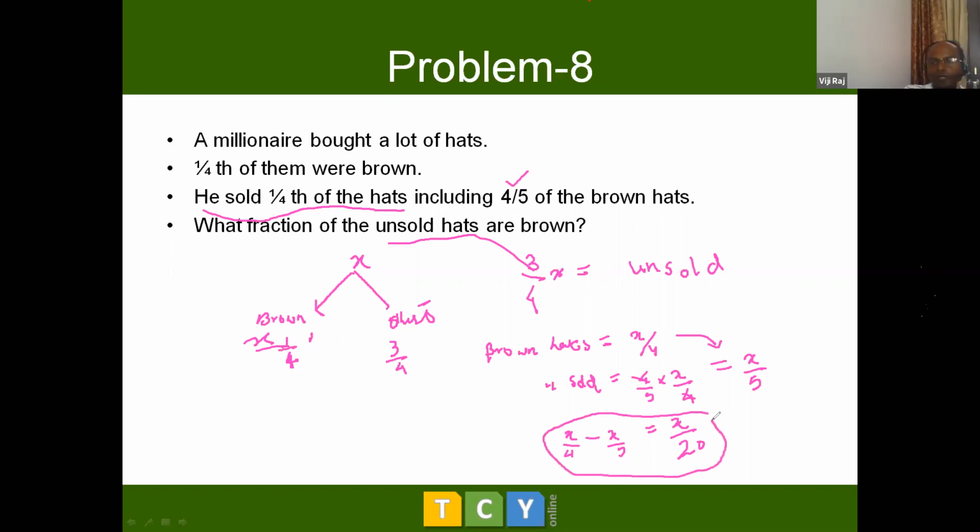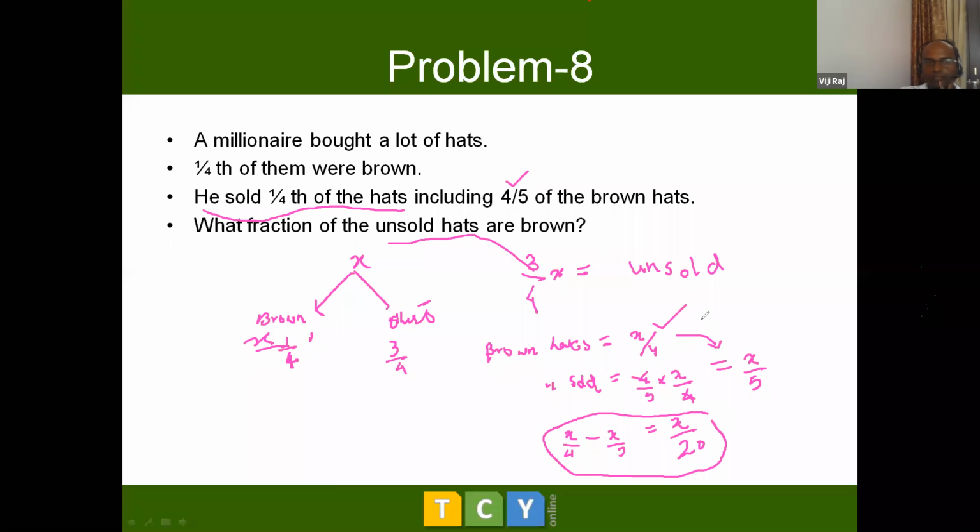How many of you have been able to understand? Anybody who has not been able to understand? Sir, I. Okay, which part couldn't you understand? How did x by 20 come? All of you understood how x by 4 came?